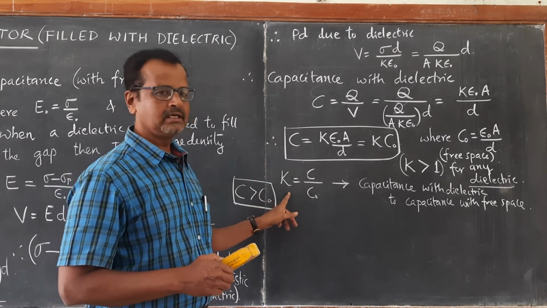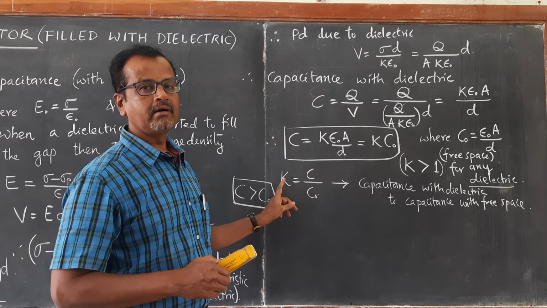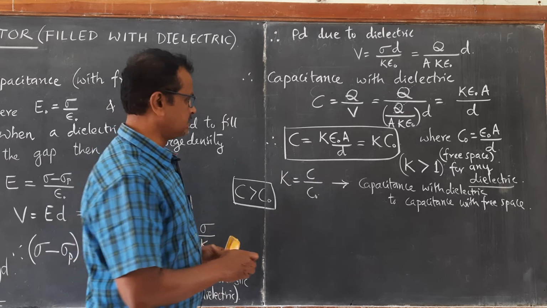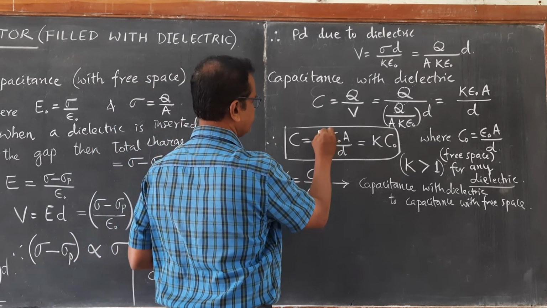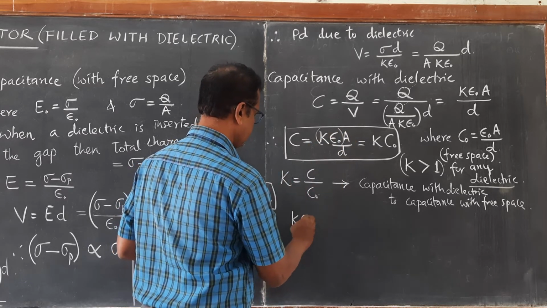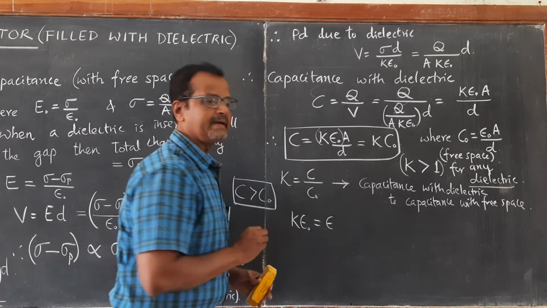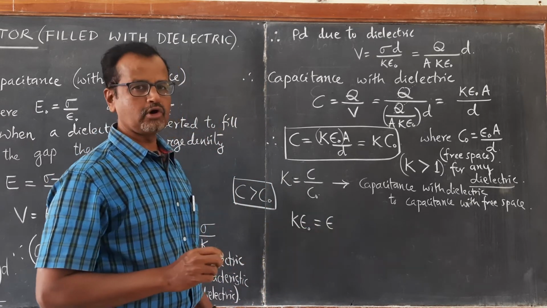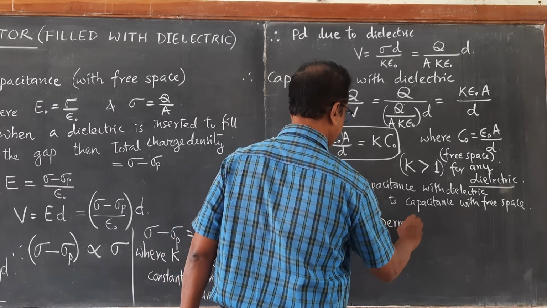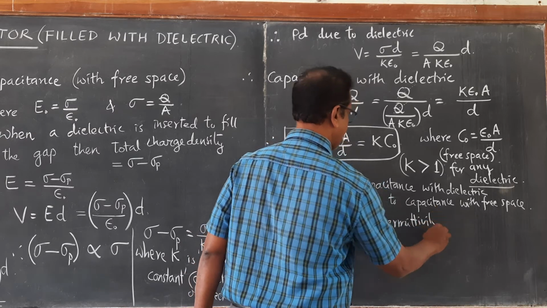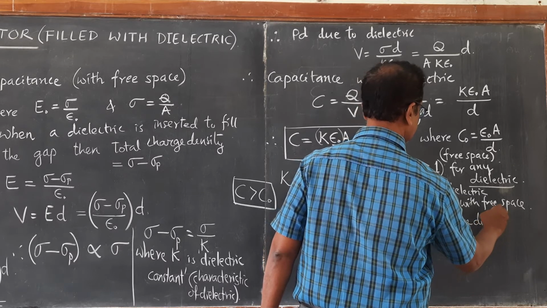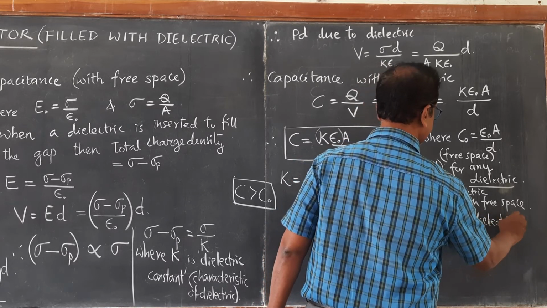It is also called the relative permittivity of the medium, relative permittivity of the dielectric. So, you can see here we can replace this K times epsilon naught with another constant, that is just epsilon. This epsilon is now termed as permittivity of the dielectric, permittivity of the dielectric medium.